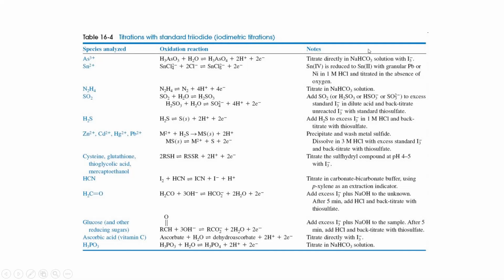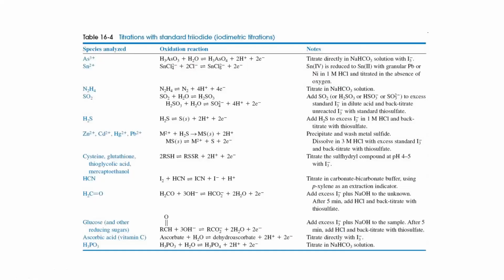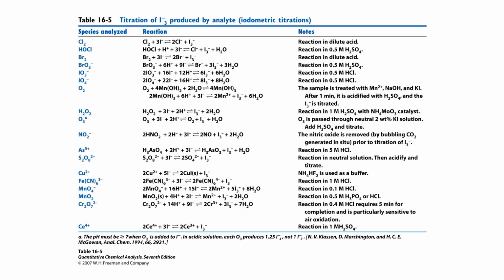We can monitor the oxidation of iodine there to get the endpoint, and the color change using starch will help us to know whether the endpoint of the reaction has been reached. These are examples of reactions that involve iodide ion. This is iodimetric with triiodide. Then we have iodometric titrations, and these are the examples of iodometric titration.